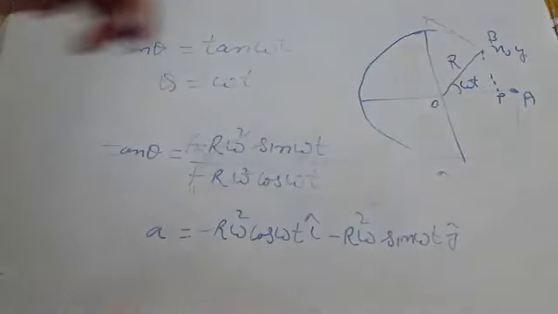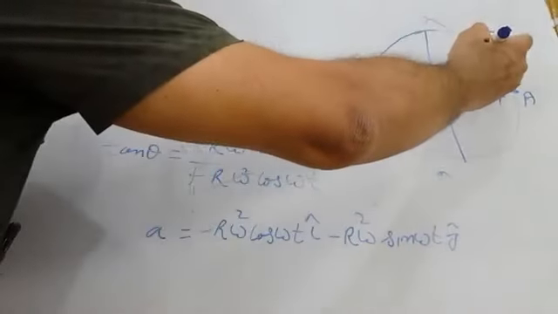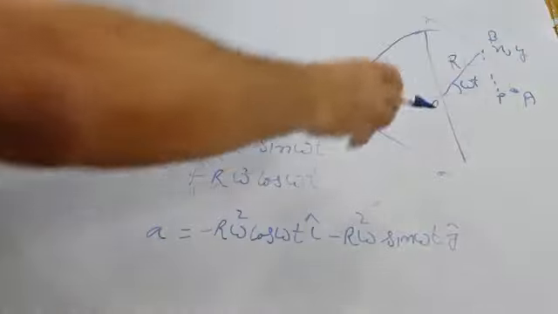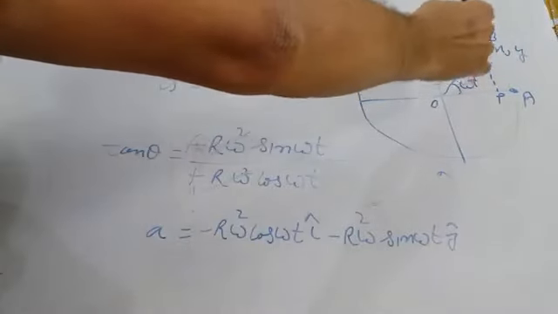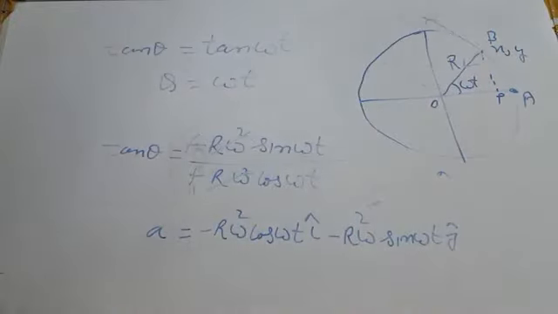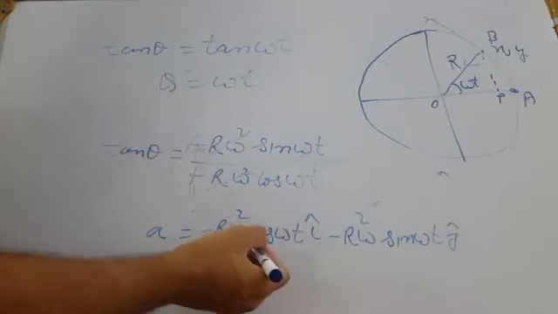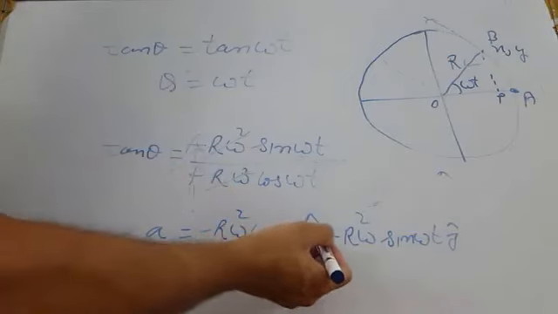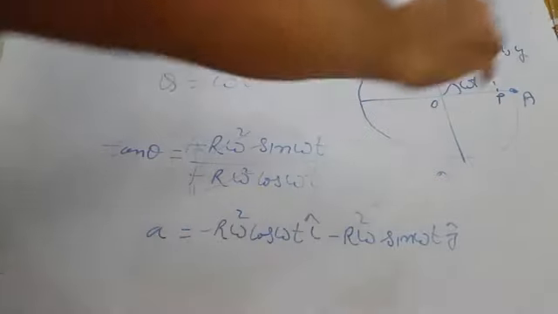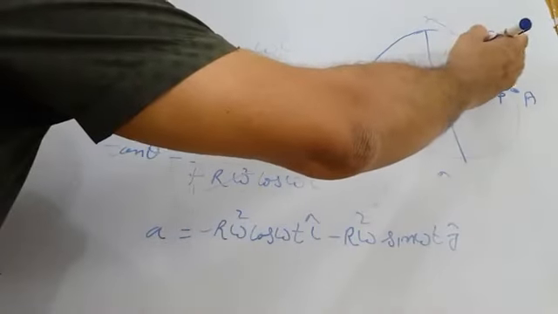But now there are two possibilities. Either this acceleration will be in this side or in this side. Either away from this center or toward the center. Because in both the cases, angle will be omega t. Now which one will be the answer? X component is minus r omega square cos omega t. That is, x component is negative. So x component will be in this direction.